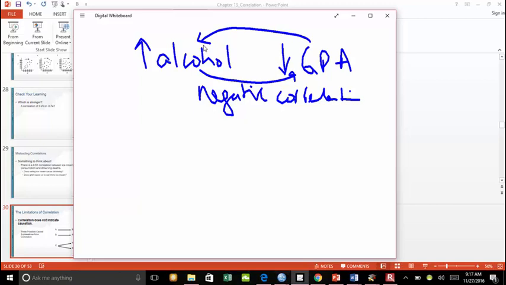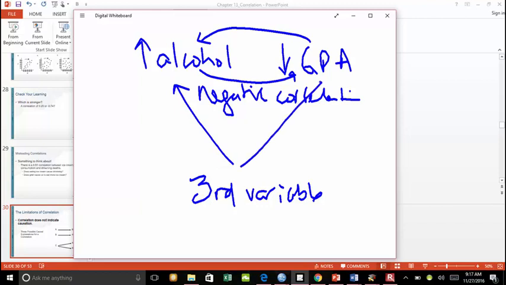Or there could be a third variable. What's a variable that might cause people to drink more alcohol and cause people's GPA to go down? I don't know, maybe something like stress. So people who are more stressed tend to drink more alcohol. People who are more stressed tend to have lower GPAs.